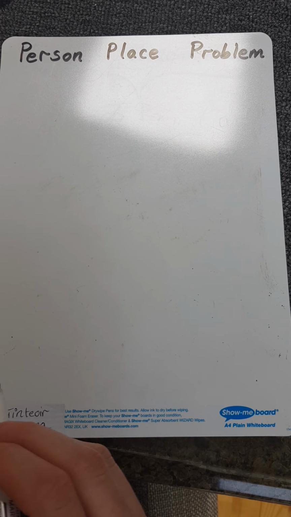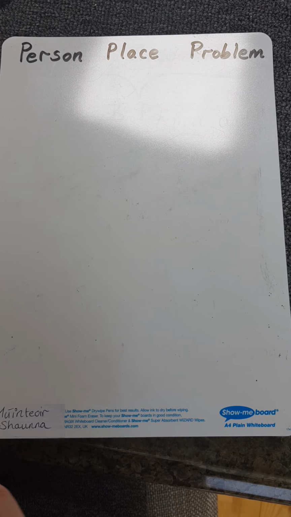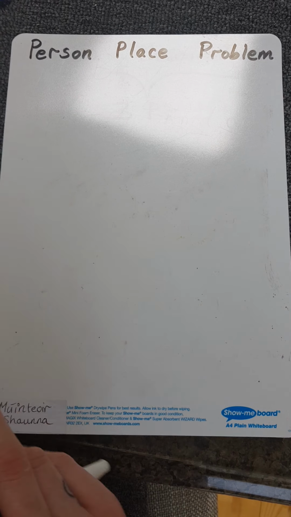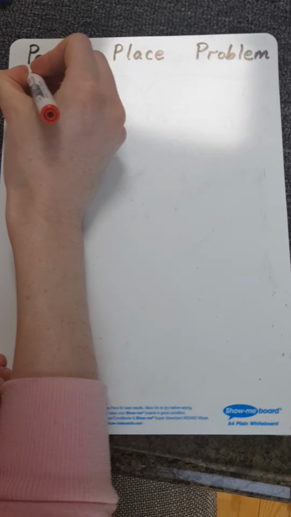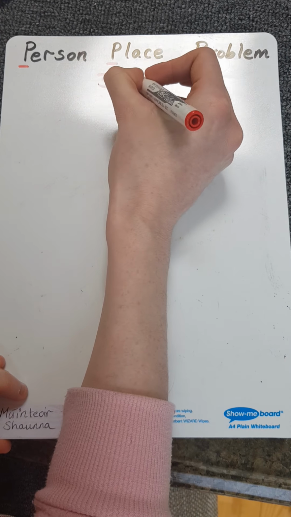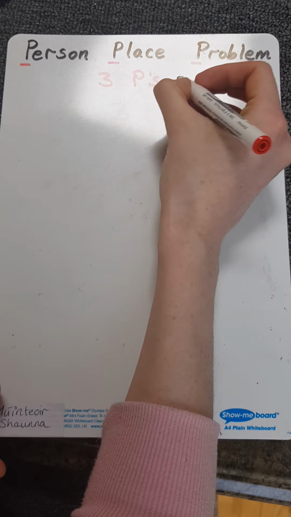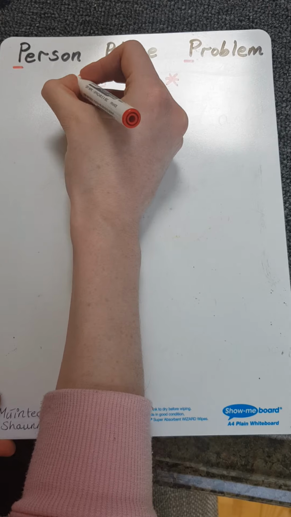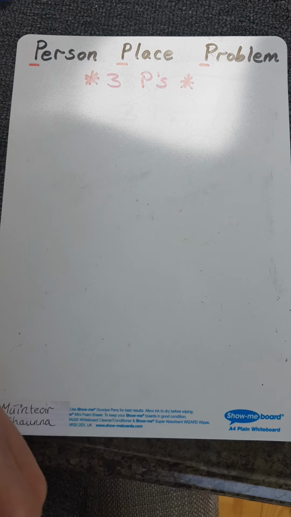Usually the issue takes place in the first half of the story, and hopefully the character has solved it by the end, okay? Now, together, if you underline the first 3 letters in each of them, we get 3 Ps. So that's what I mean when I say the 3 Ps, and they are the fundamental part of any narrative. So every story we write should have 3 Ps in it, okay?